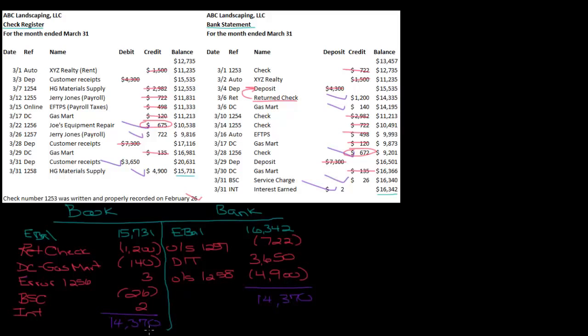So now my book and my bank agree. Okay, so that's what we're looking for when you finish a bank reconciliation. You want your book and your bank to agree.